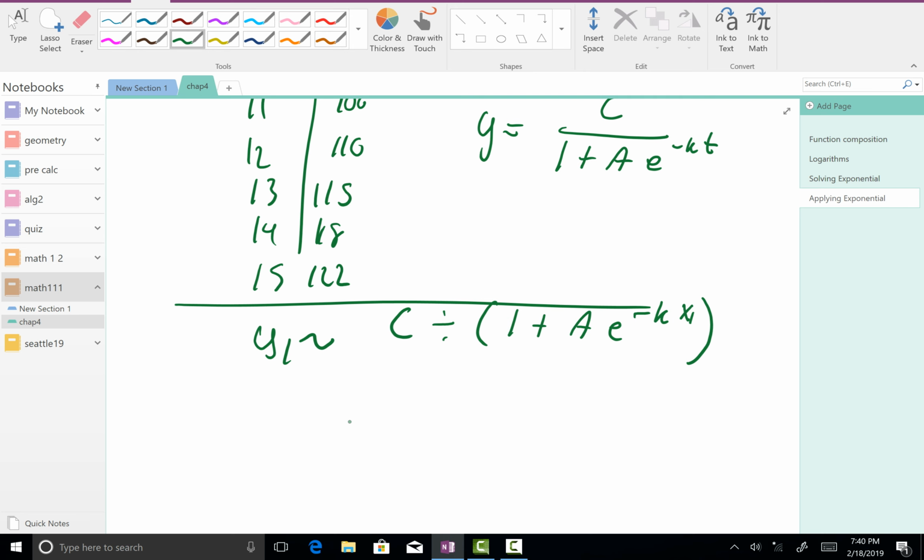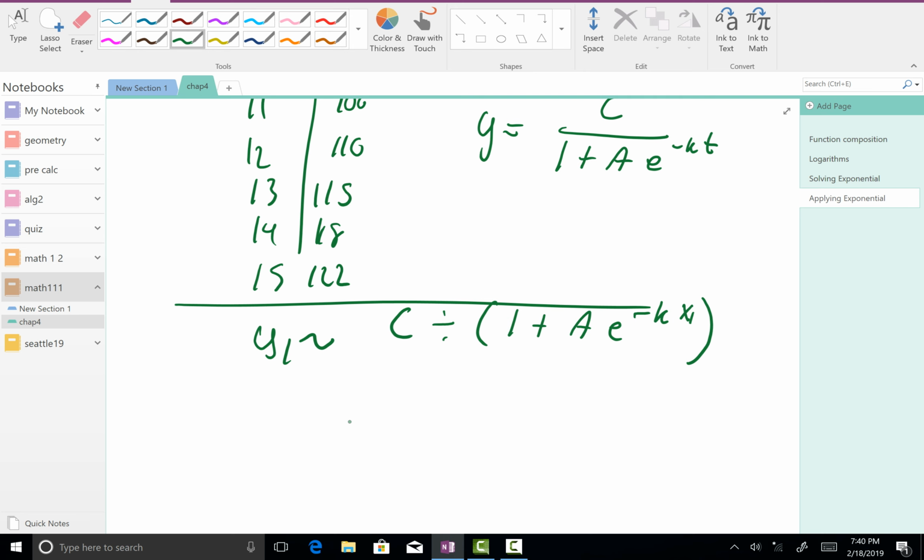So if we wanted to find an equation for this, does anybody remember how? Can we see this a little better? Let's see if I can zoom in here.